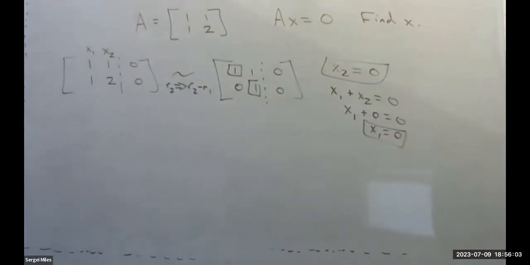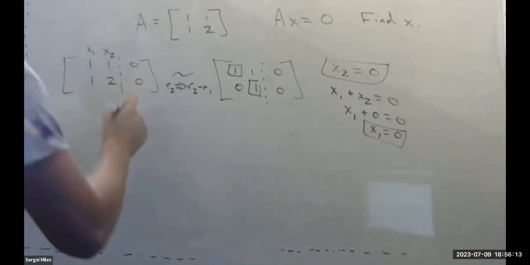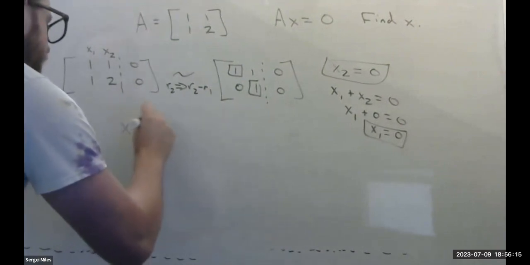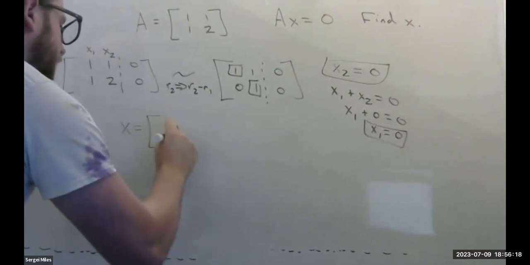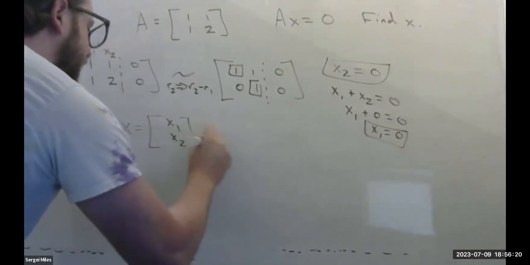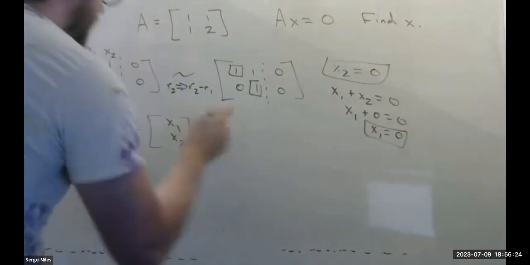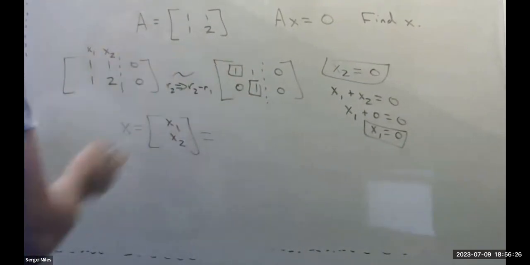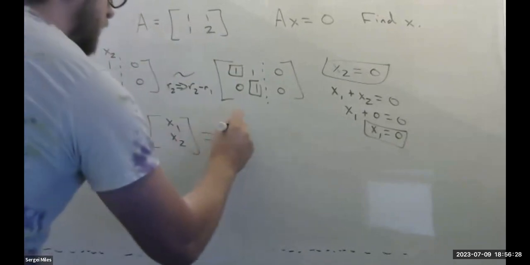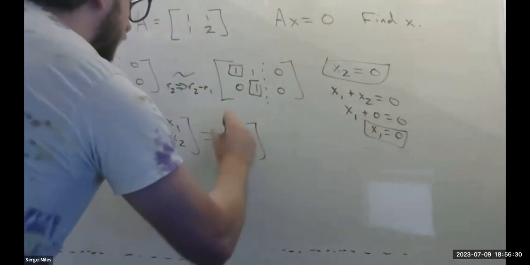In other words, when we end up with this situation where there are no free variables, then we're going to find that we have only the trivial solution. X is this column vector with the entries x1, x2, but each scalar I apply to these column vectors must be 0.